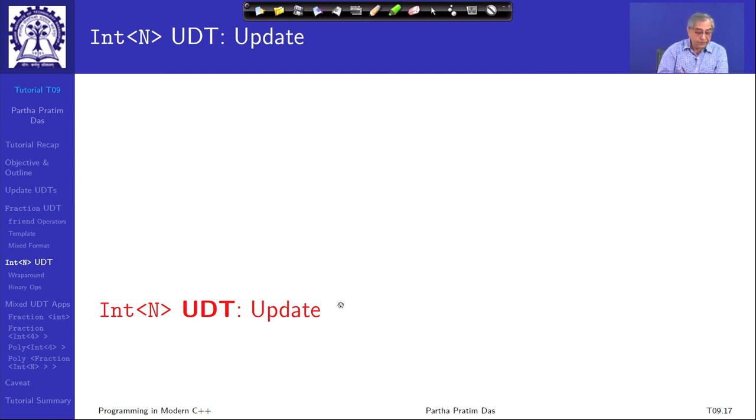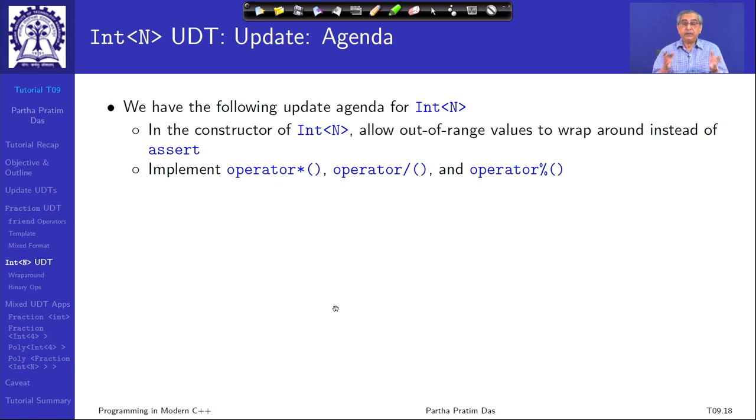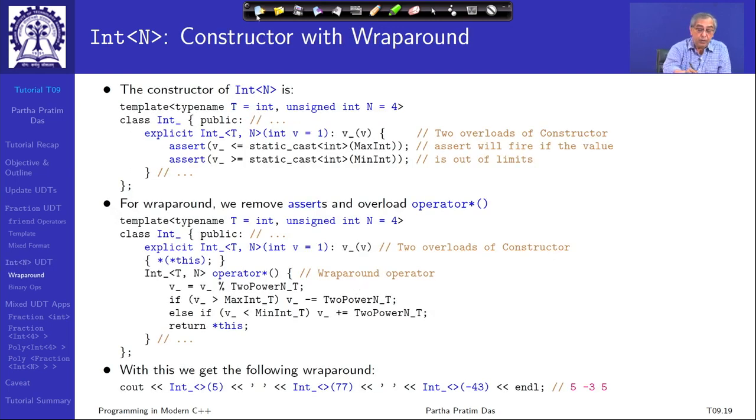Moving on, in terms of int n, we just want to do 2 things: out of range to be replaced by wraparound, and these operators to be implemented. So, doing the first is pretty straightforward.